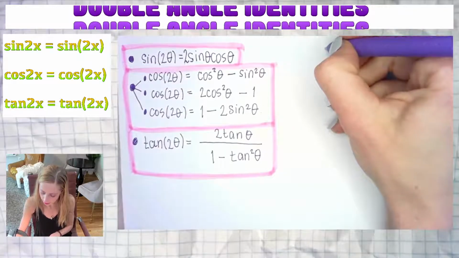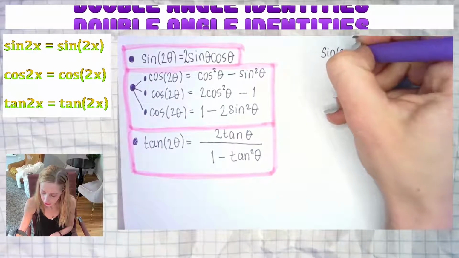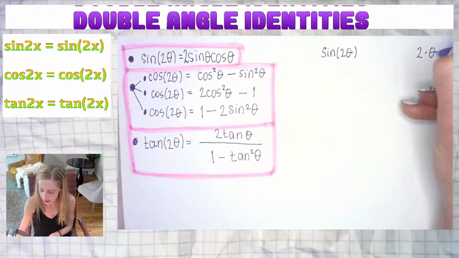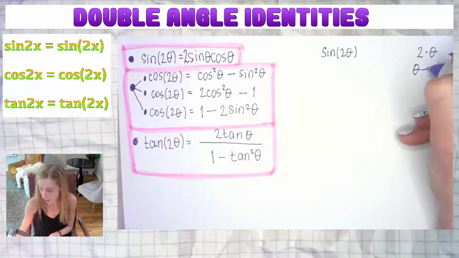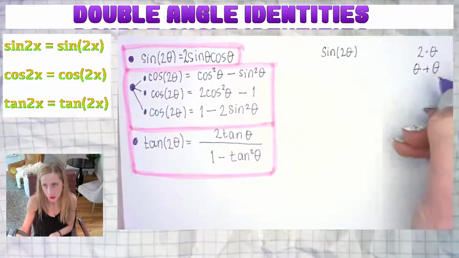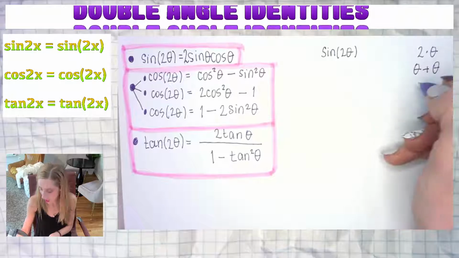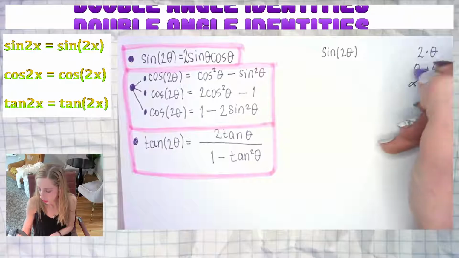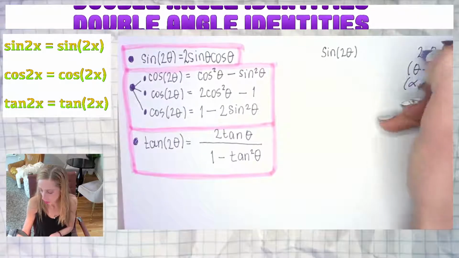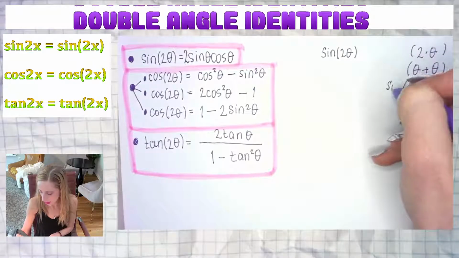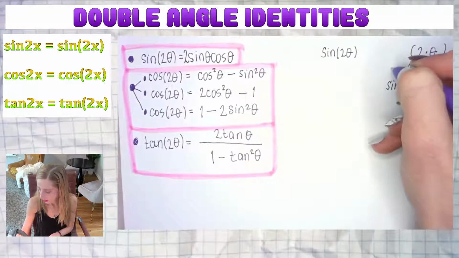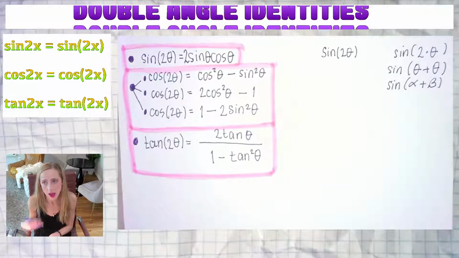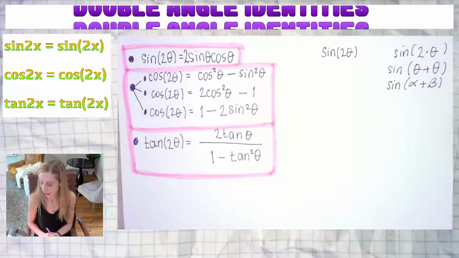So when we have sine of 2 theta, it's important to realize that 2 theta is not only 2 times theta, but it's also theta plus theta. When you think of it as theta plus theta as a sum, that's the same as thinking of it as alpha plus beta, all right? So what we're going to do is apply the sine angle sum identity to theta plus theta, since that's the same as 2 theta, and that's how we're going to come up with this right over there.